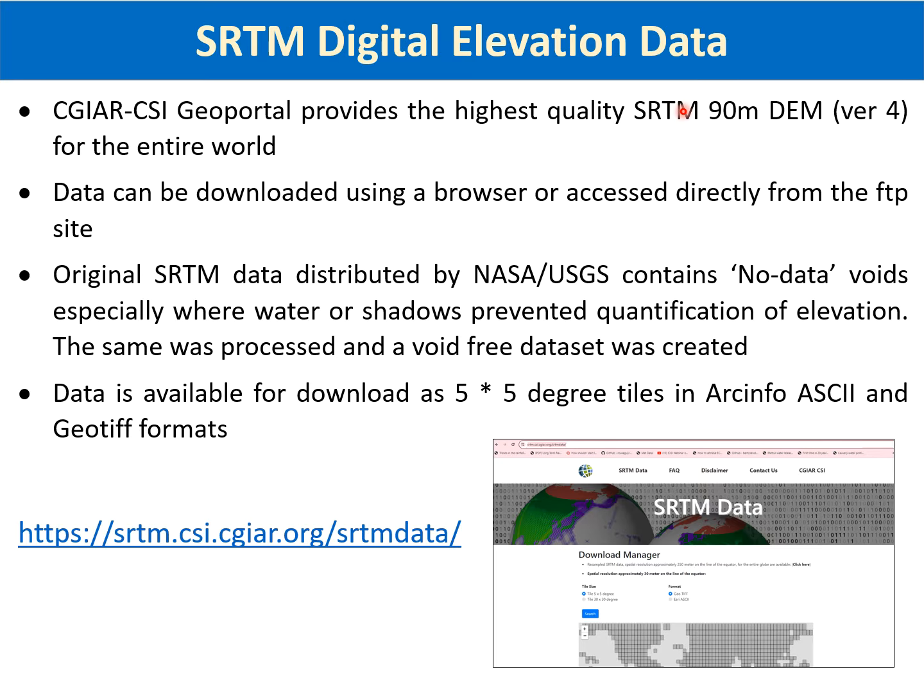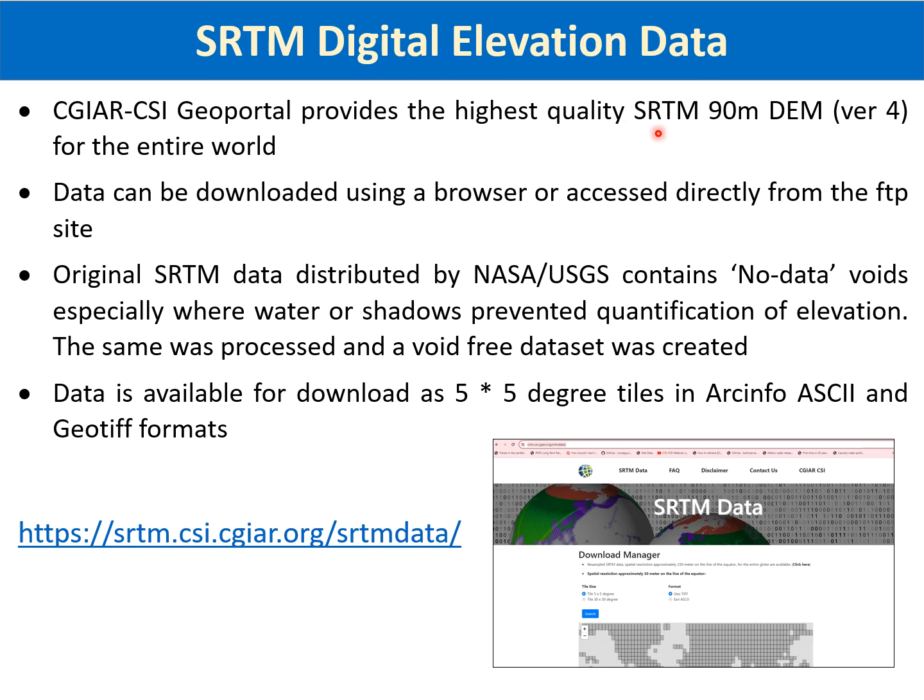The highest quality SRTM data is available at 90-meter resolution at the equator from this portal, the geoportal of CGIAR CSI. CGIAR stands for Consultative Group on International Agricultural Research, which is a global partnership that unites international organizations engaged in research about food security. CSI stands for Consortium for Spatial Information.